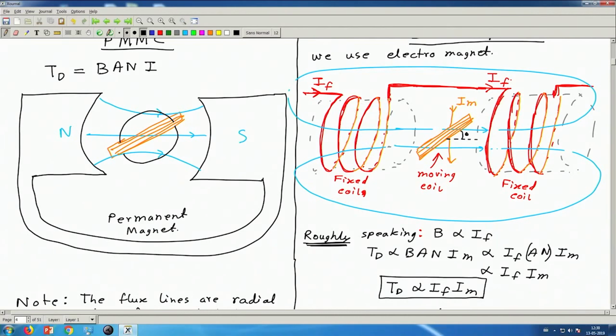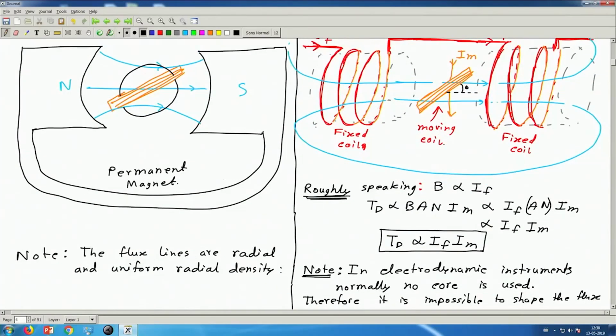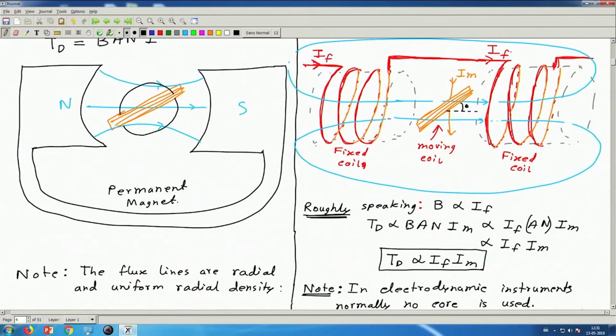So, what we can do is pass a known constant amount of current, and an unknown current Im, and therefore, we can find the unknown current by observing the angle of this coil. But this is not a nice way to do that, because we need another extra current source or voltage source to excite or magnetize this fixed coil.